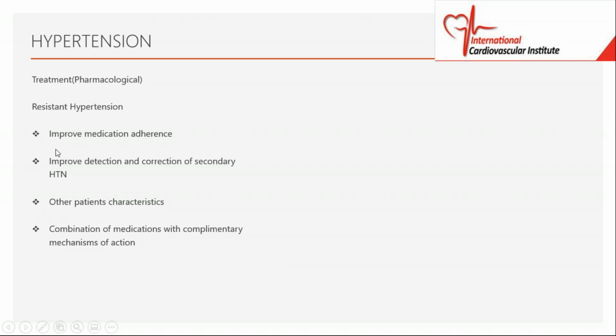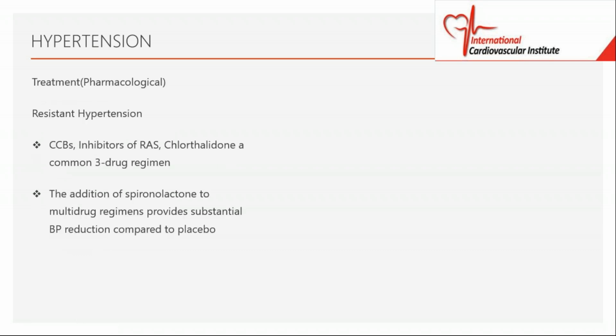We went over all of those. So you have to try to improve medication adherence when you are evaluating your patients, and improve detection and correction of secondary hypertension. And then remember, you have to use medications with complementary mechanisms of action.